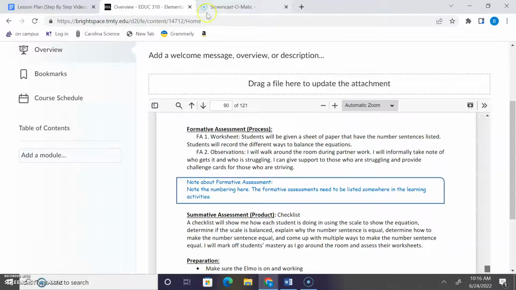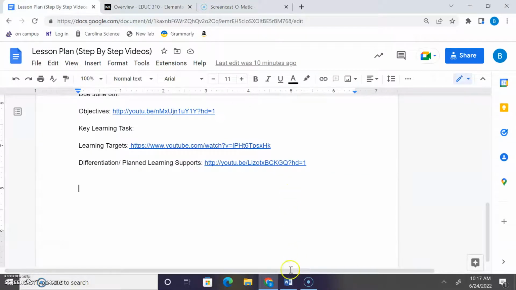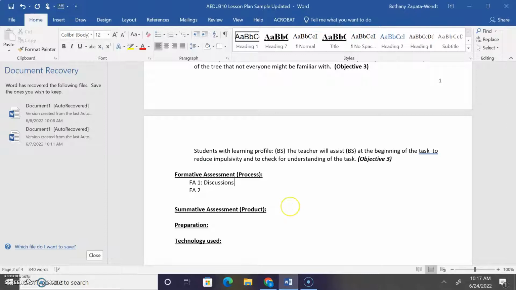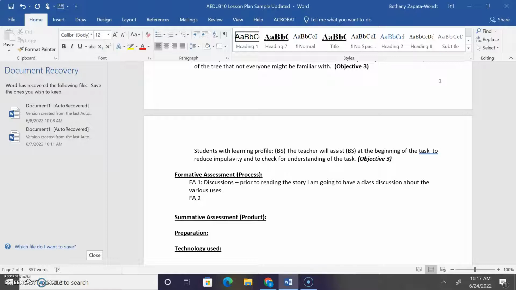So for mine, I'm going to put discussions, and then I'm going to put prior to reading the story, I am going to have a class discussion about the various uses of an apple tree.